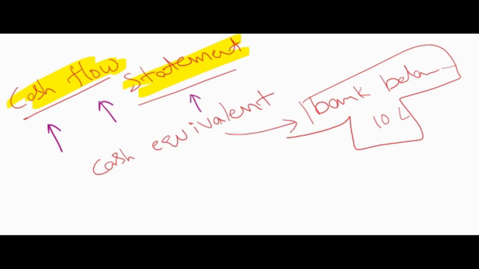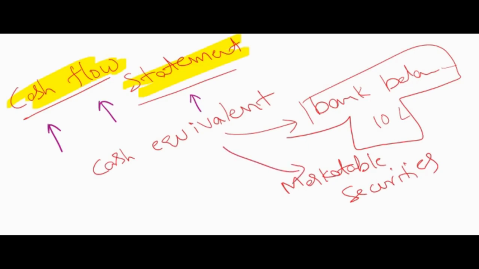Or for example, you have some marketable securities, which are investments, and you can sell them anytime and use the money. Generally the trading amount also comes in 48 hours and you can use that as cash. So we can call this also a cash equivalent.